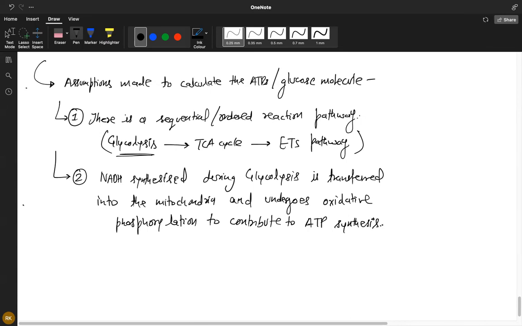So there is some share of this process which we have not shown directly by the chemical reactions. What we are assuming is happening also contributes to ATPs forming from the mitochondria.